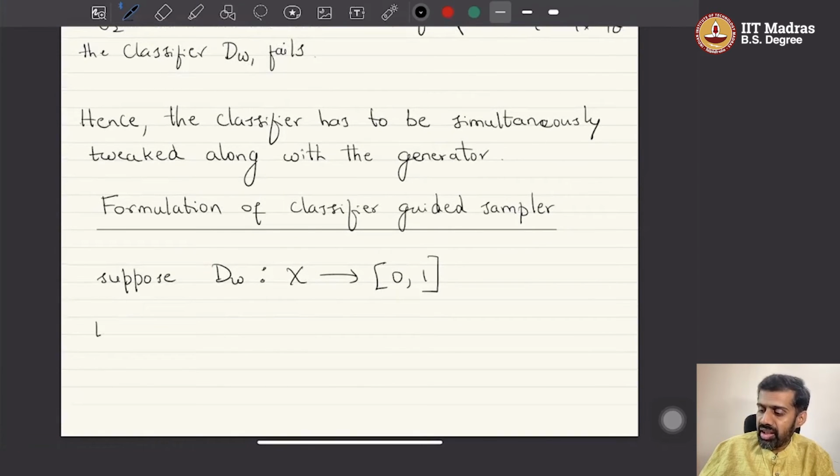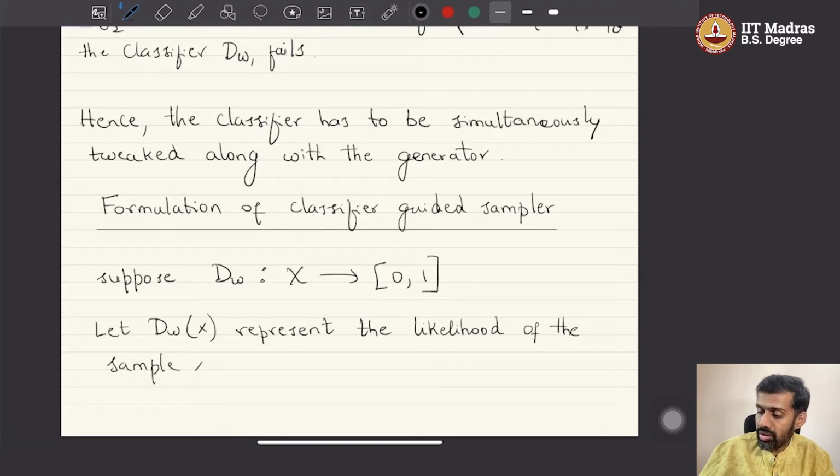Now we'll say that let dw of x represent the likelihood of the sample x coming from px.